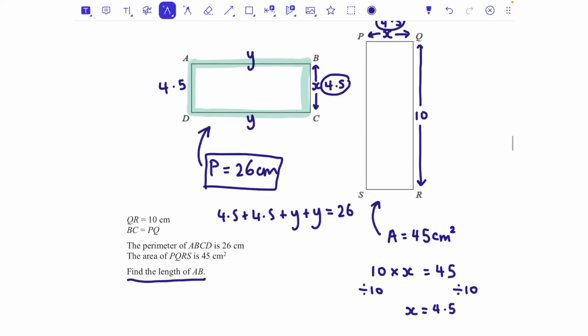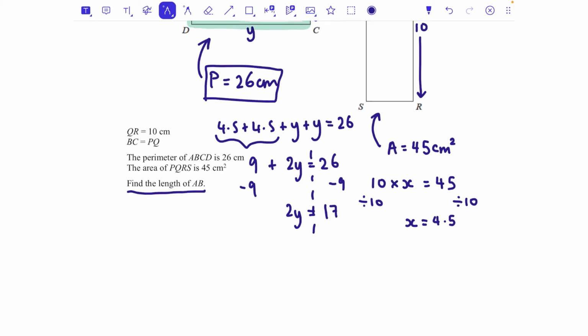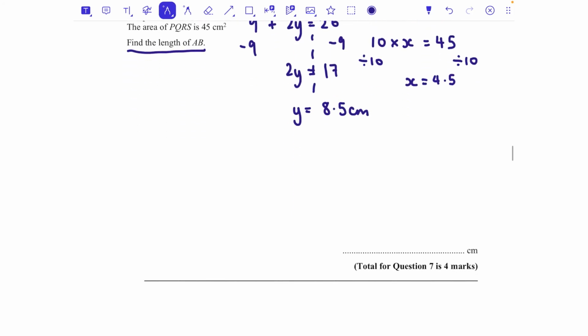So 4.5 add 4.5 is 9. 9 add 2y is 26. Taking 9 away from both sides, 2y is 17. And then dividing that by 2, well 16 divided by 2 is 8. 17 divided by 2 is 8.5 centimetres. So that is your length of AB, 8.5 centimetres.